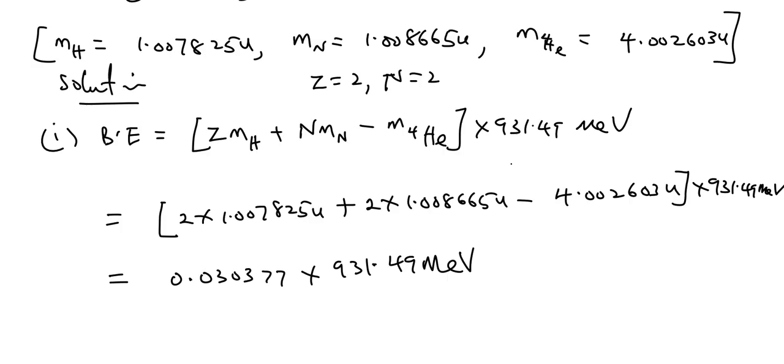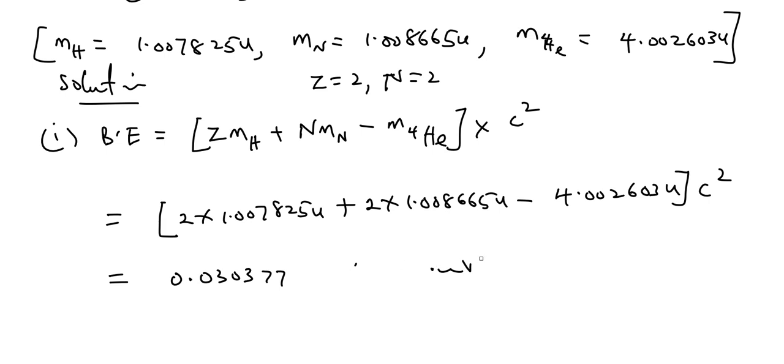So if you remove the M, it means here should be multiplied by c squared. Same thing here. So let me do it systematically. In this case the U will be present, then c squared.